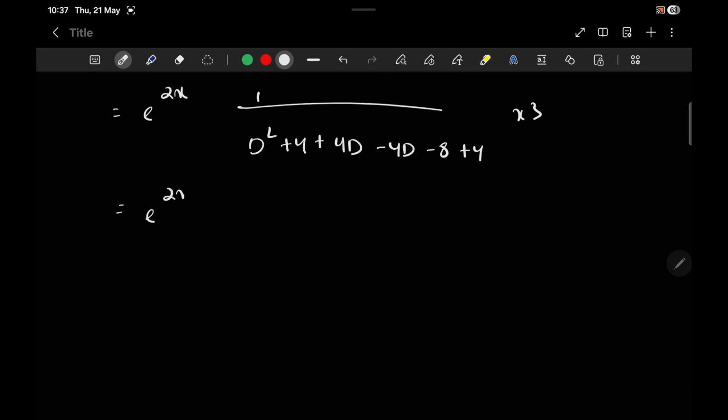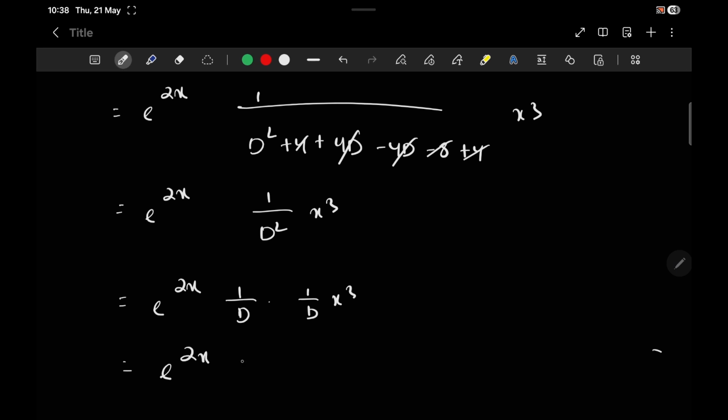So e to the power 2x, 1 by 4d cancels out, and this cancels out, so this becomes 1 by d square x cube. So this becomes e to the power 2x into 1 by d into 1 by d of x cube.